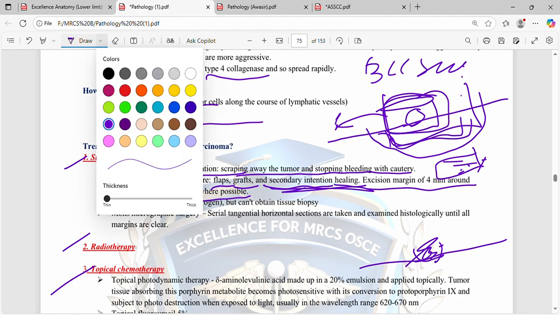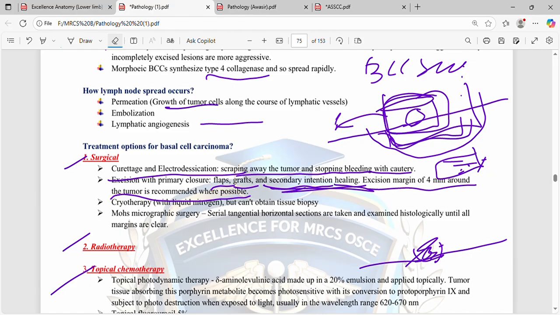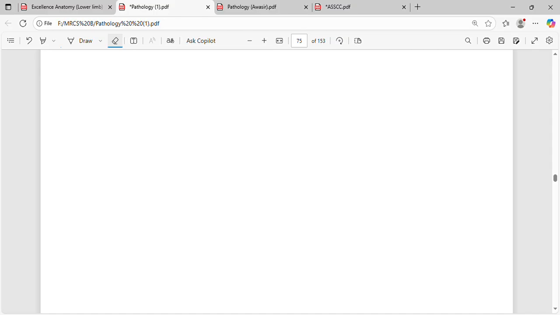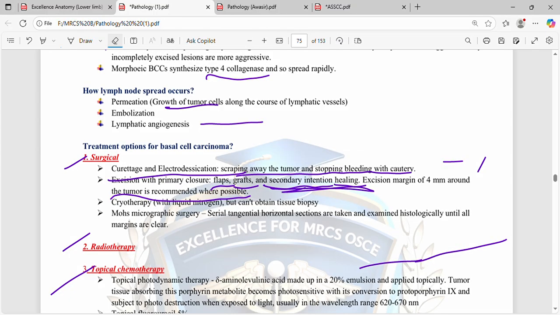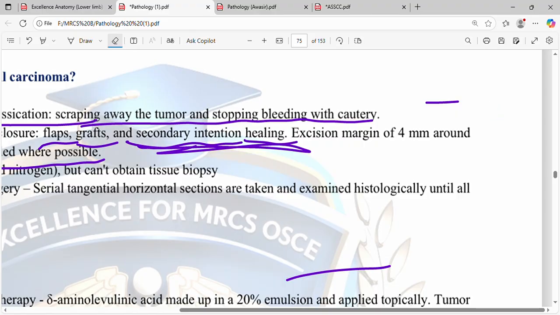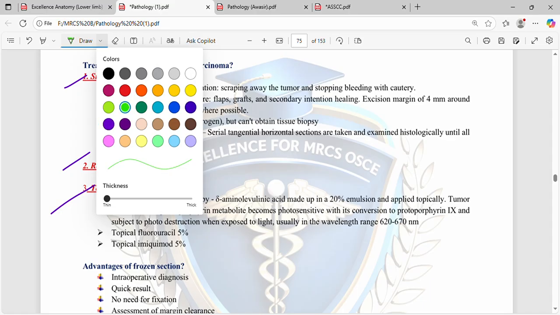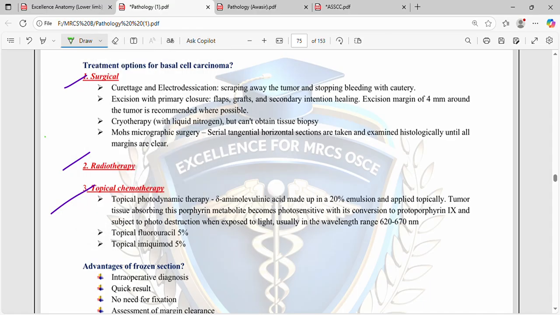So usually for squamous cell carcinoma, we need about 4 mm of a negative margin to be enough to remove the tumor completely. Okay, so next, as we discussed, this should be primarily closed or with flaps, and that's why we usually refer these patients to plastic surgeons, so they can do better closure.